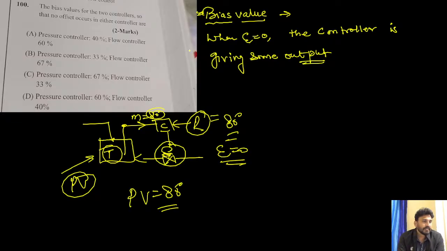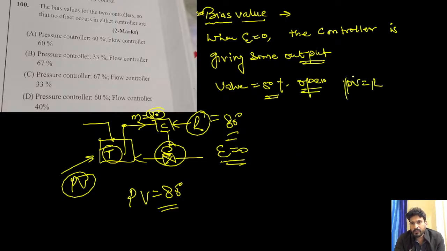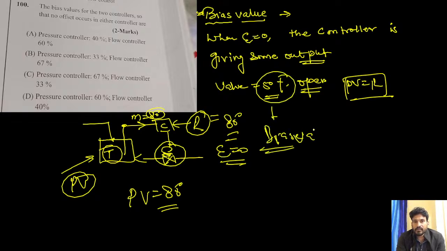Actually, that is my bias value. Let's suppose the wall is 50% open. 50% wall is open when my process variable value is equal to set point. So this 50% wall कैसे खुला? This is the output of my controller. So 50% is my bias value. This is my bias value actually.